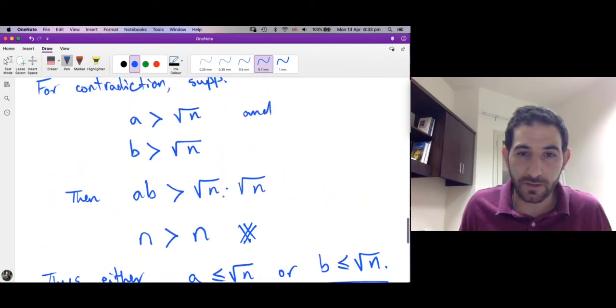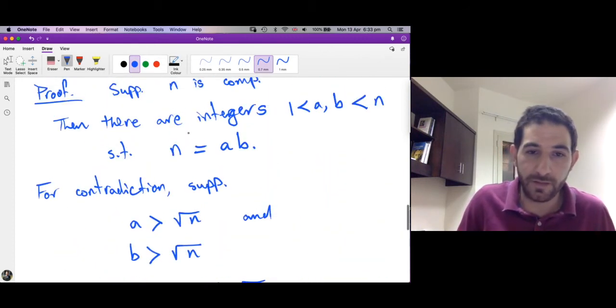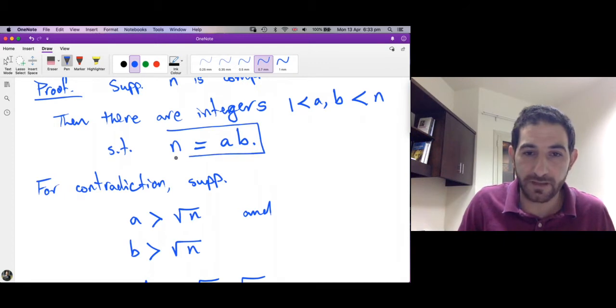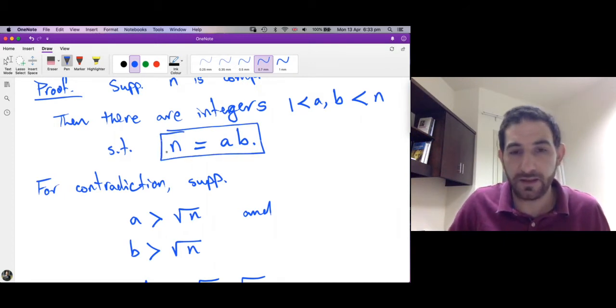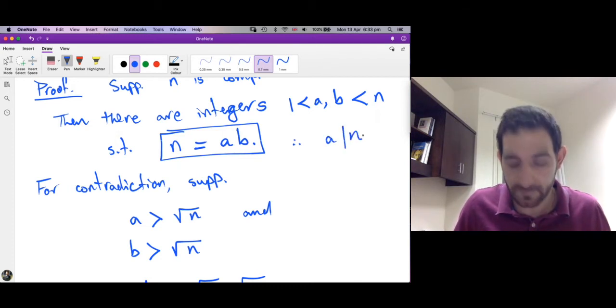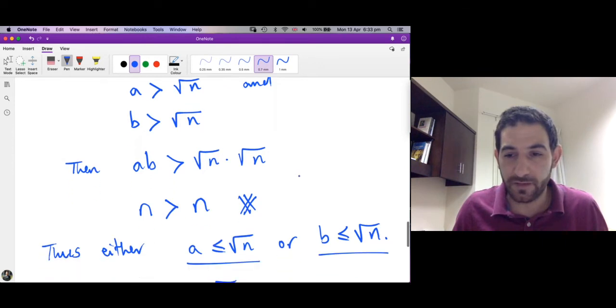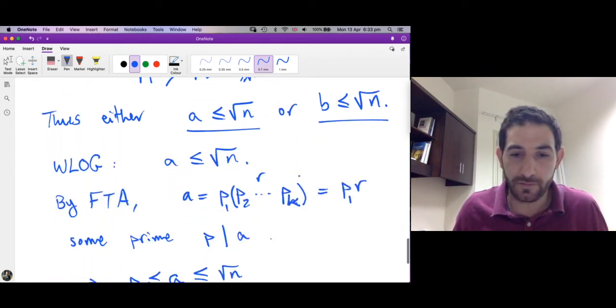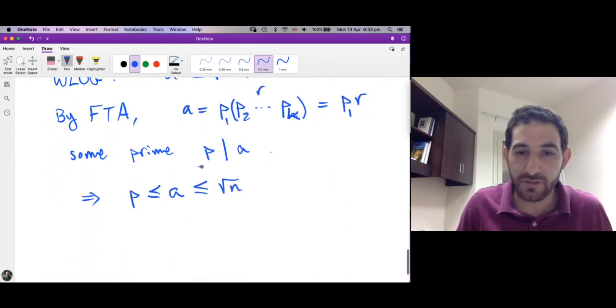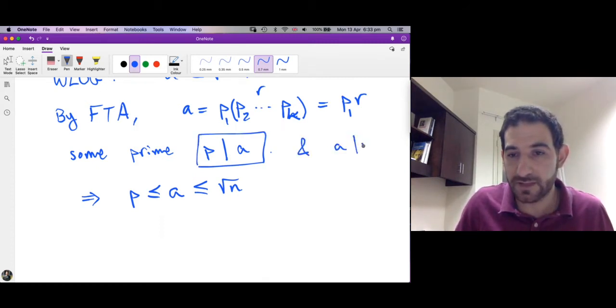Look, from here, what do you know about a? n is equal to a times b. This means that a divides n, right? So what do we have here? We found the prime which divides a, and from above we know that a divides n.